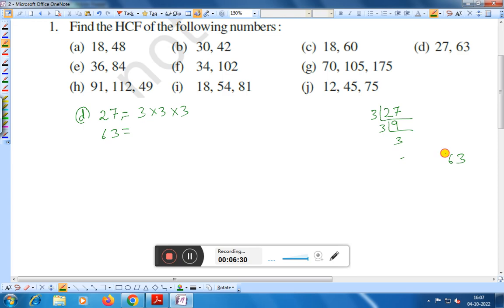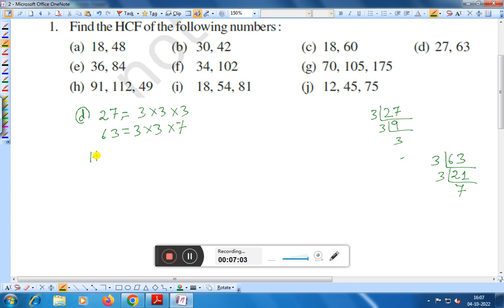And 63 can be written as 3 times 21 is 63, and 3 times 7 is 21. Therefore, 3 into 3 into 7.